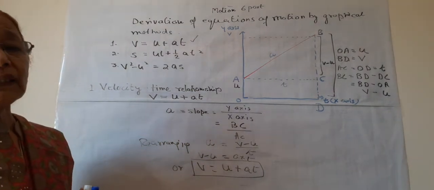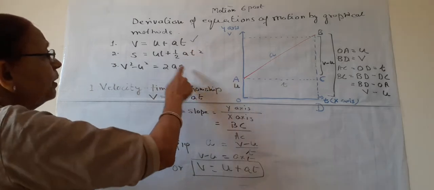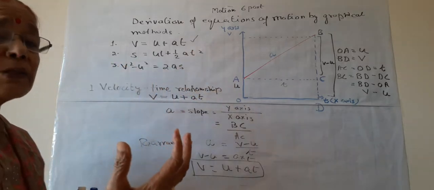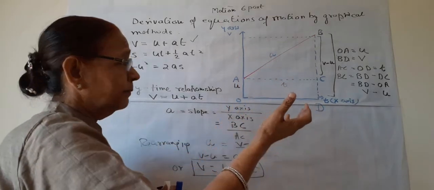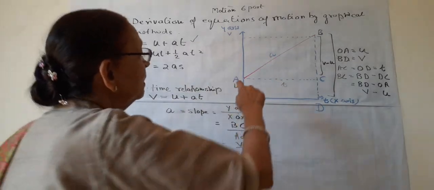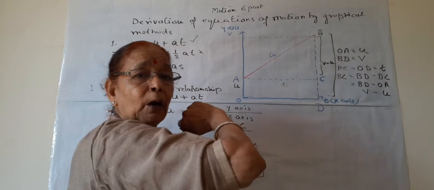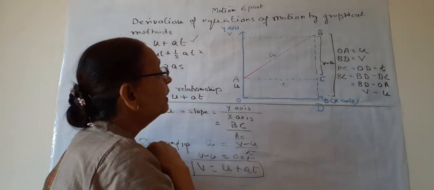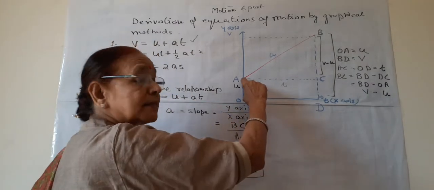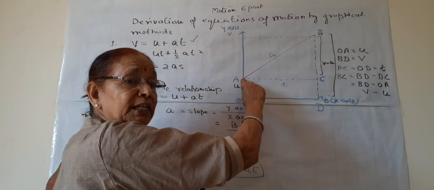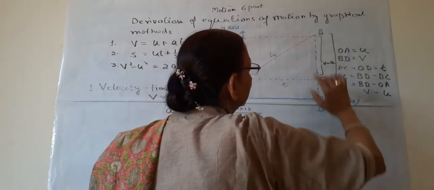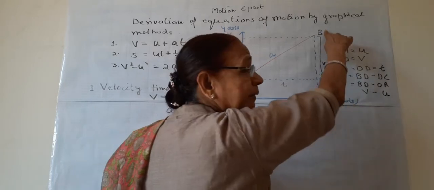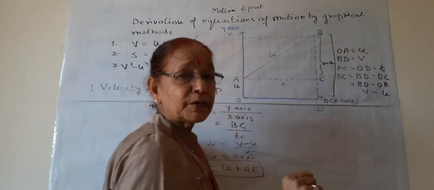Have you followed all this? Because the other two equations also follow the same pattern. I will again repeat. This is the graph line of uniform acceleration. This distance OA is the initial velocity u. This complete distance DB is the final velocity.